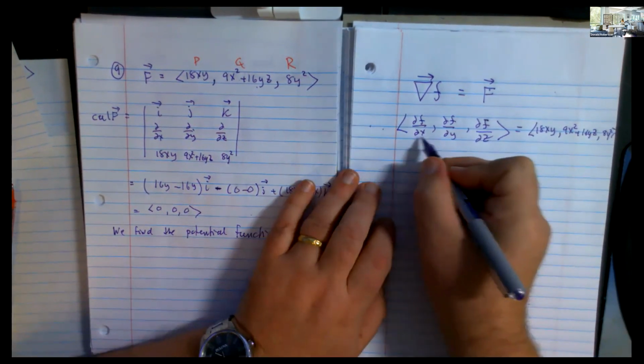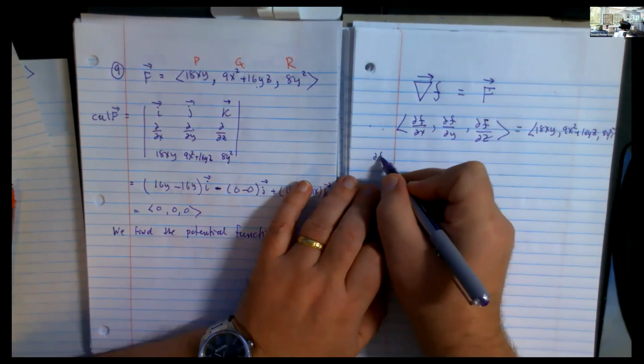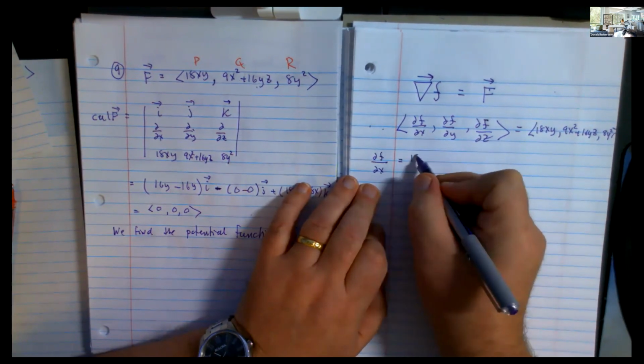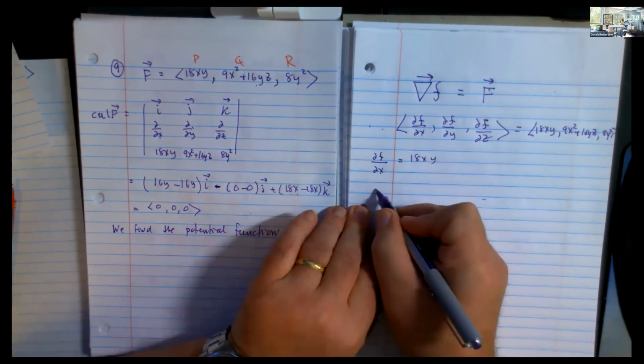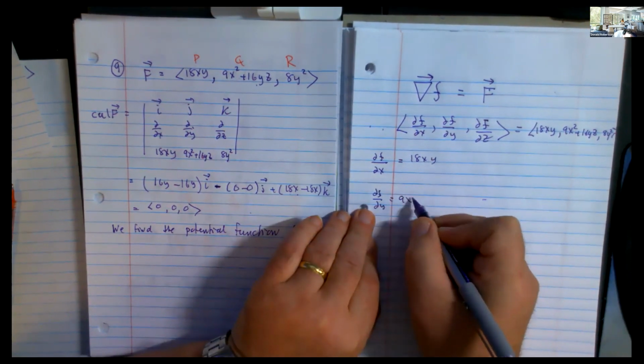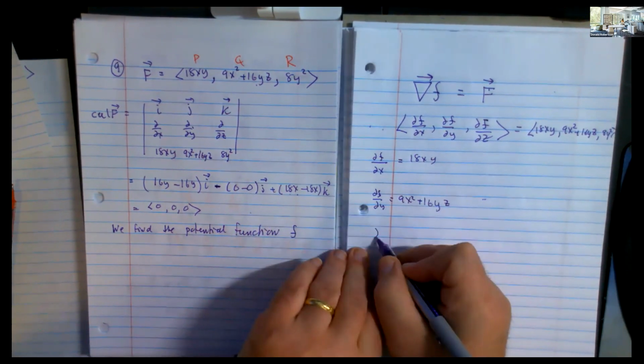So you match first with first, second with second, and so on. So here's the first one. This is matching up the second one. And this is the last one.